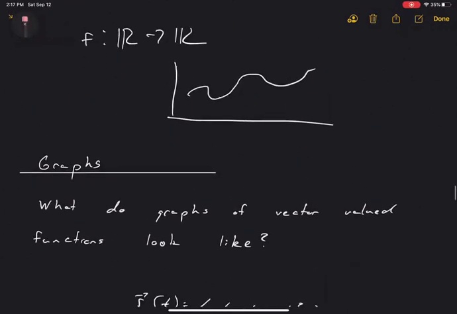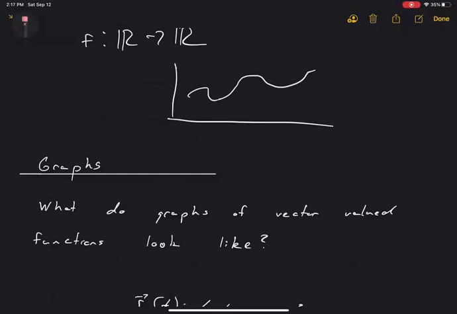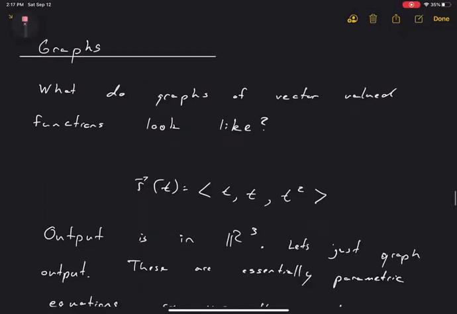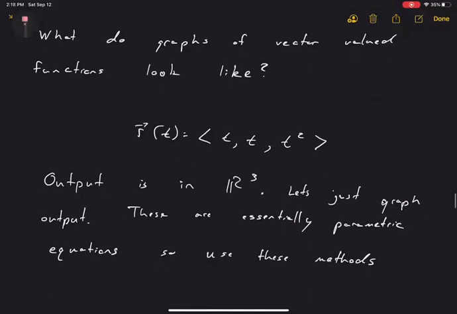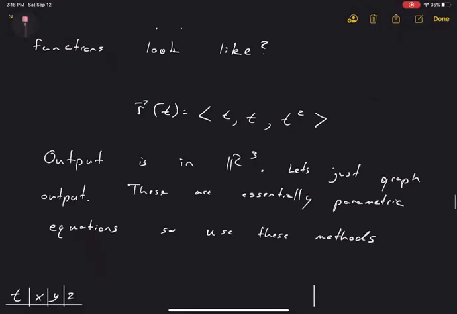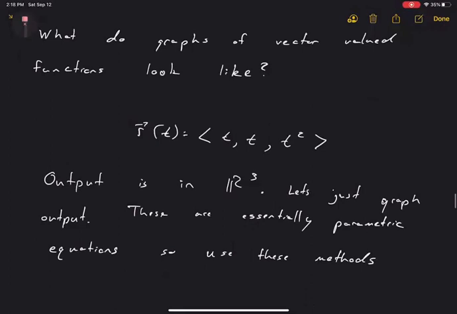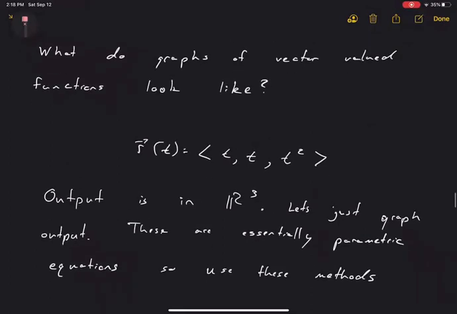All right. So we want that same kind of property for these vector valued functions. But first, let's think about what these vector valued functions look like before we start thinking about continuity of these curves. What does the graph of a vector valued function look like? Well, we know the input is just a number, and the output is a vector.